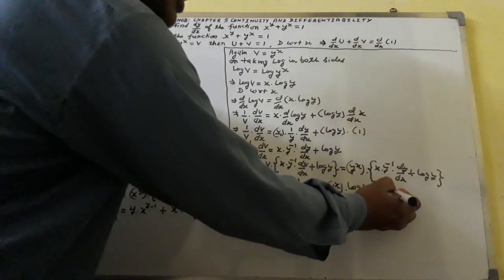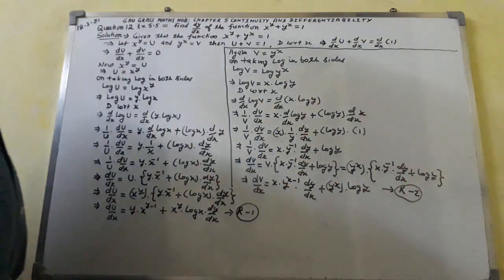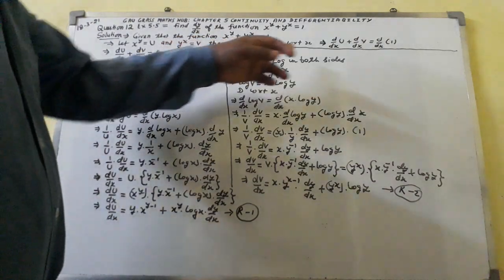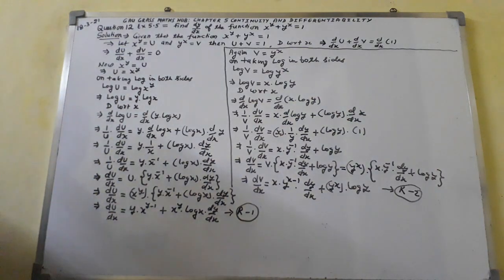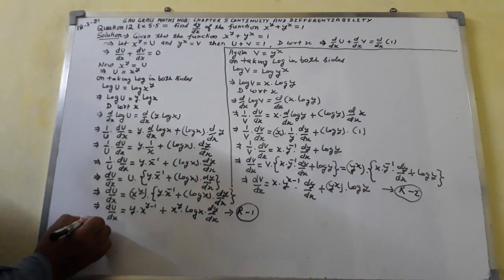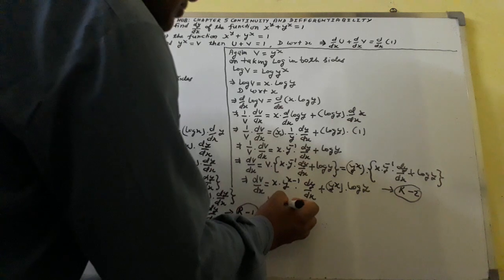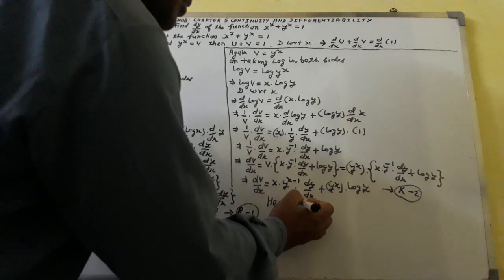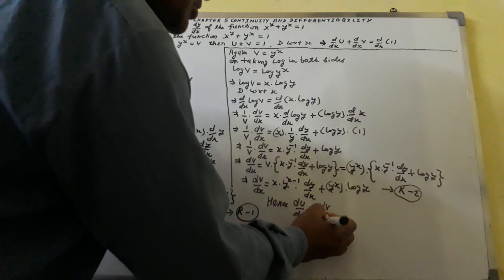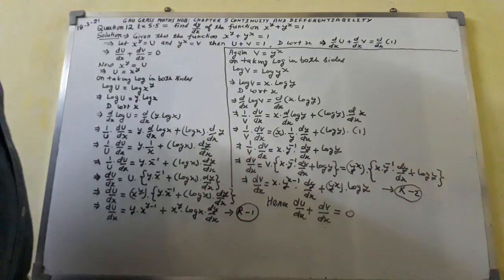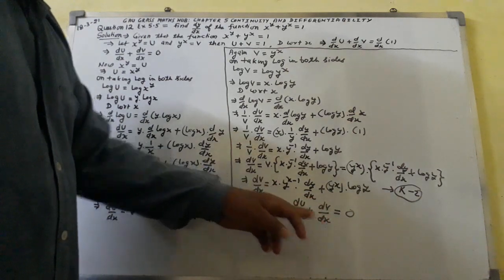Now this will become relation number 2. Hence dv over dx equal to the above. And now relation number 1, du over dx equal to its value, will be added to relation number 2, dv over dx.